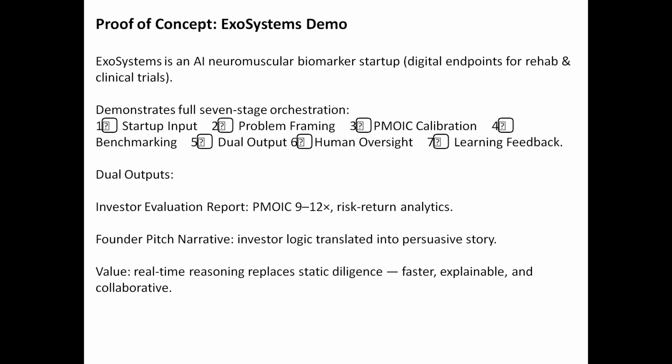They have some criteria, and the fundraising side has some minds too, so minimum minds on each side to communicate with each other. This is what I found: in the final thing, two minds meet, the founder pitch narrative and the investor evaluation report. They're looking at each other, so it's a way to make a more consistent evaluation, right? I will show you in the demo.